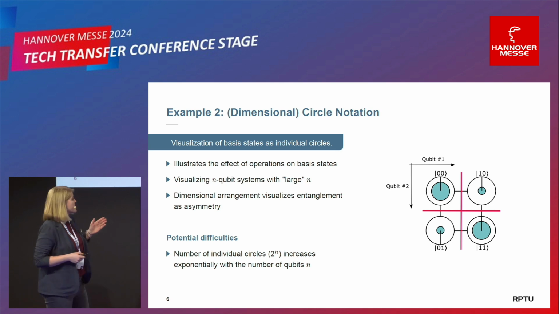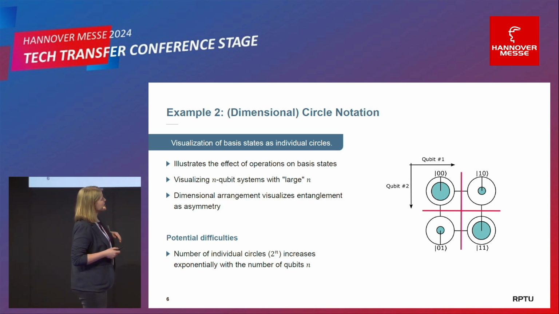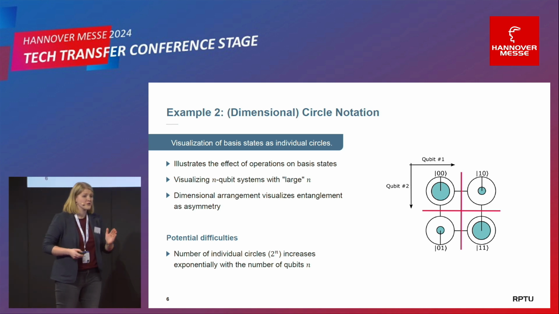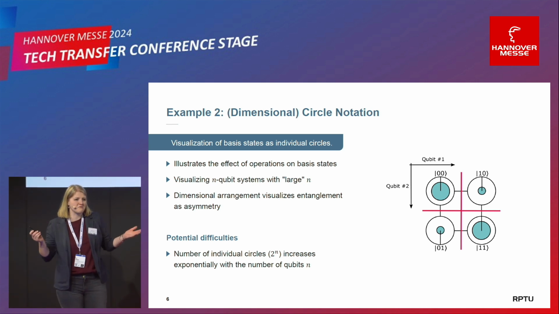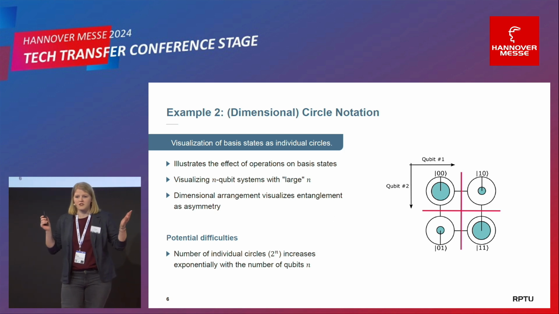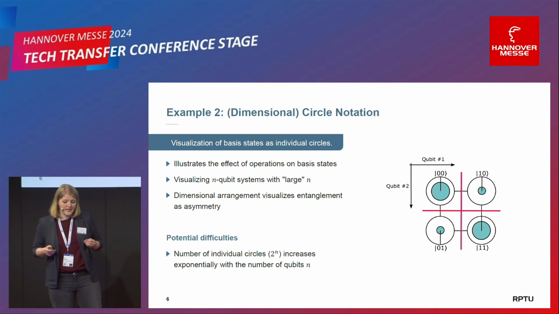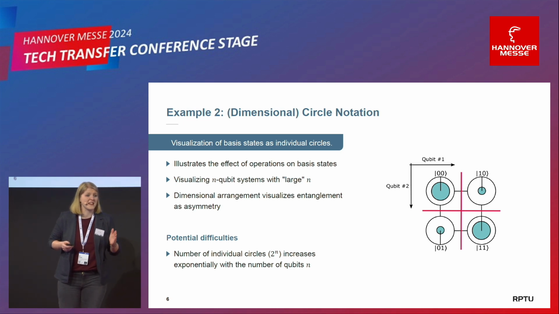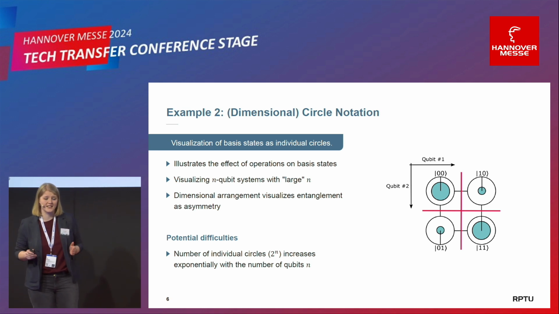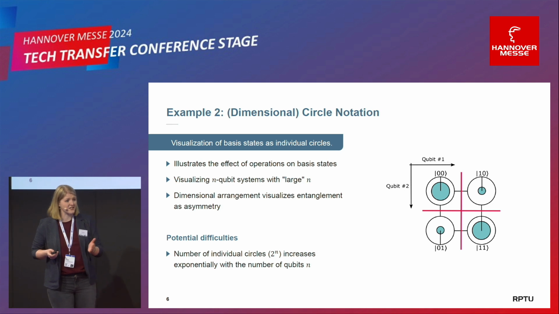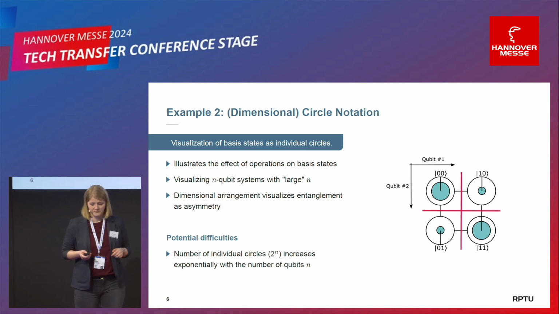However, also in this dimensional circle notation, we have to keep in mind that if we go on to larger systems, which is theoretically possible for whatever number of qubits you want to add, with each qubit we add to the system, the number of circles we have to visualize increases exponentially with the number of possible basis states.